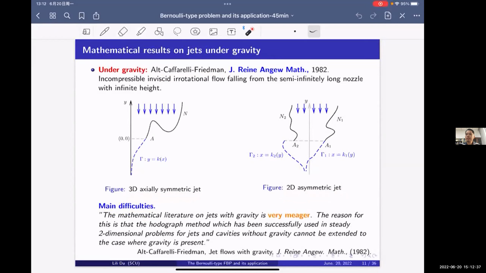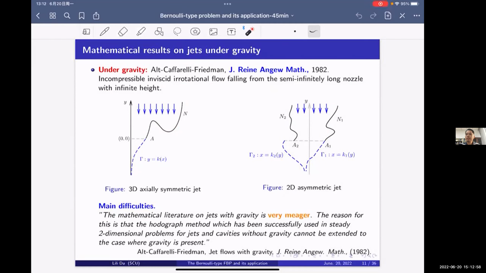They considered an incompressible inviscid irrotational flow falling from the semi-infinitely long nozzle with infinite height in the far field. They also point out that there are additional difficulties.